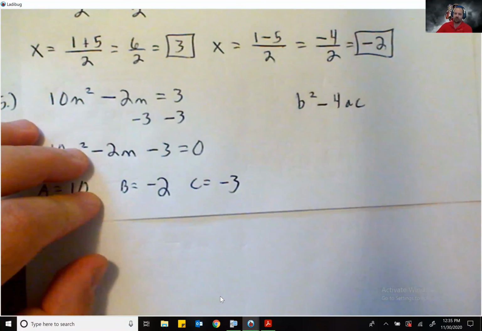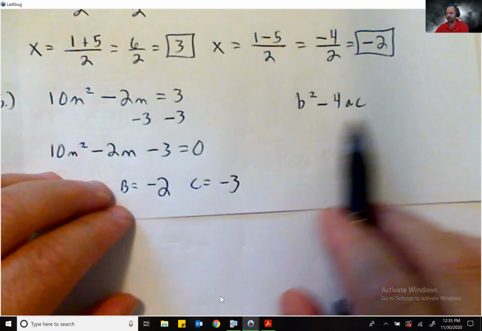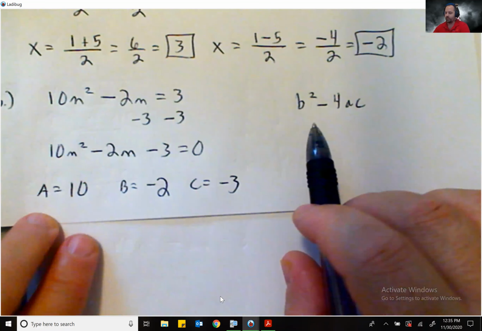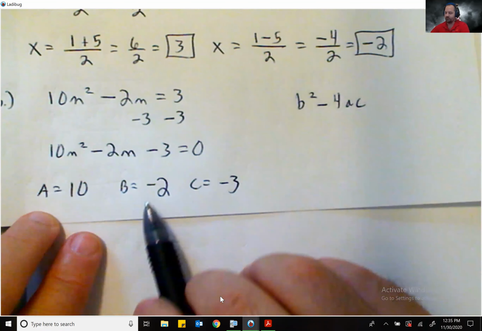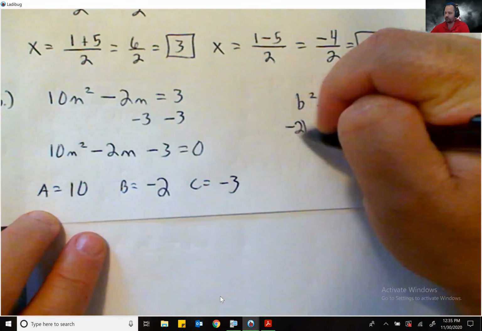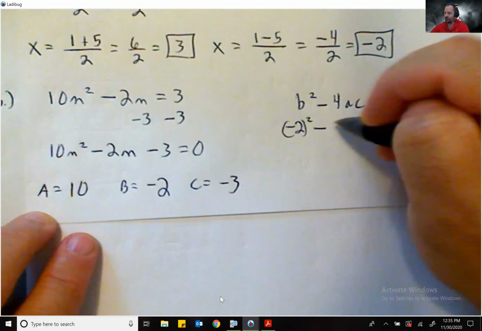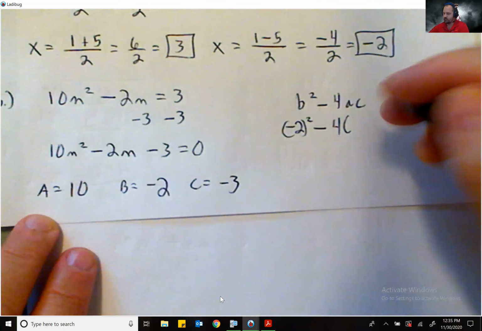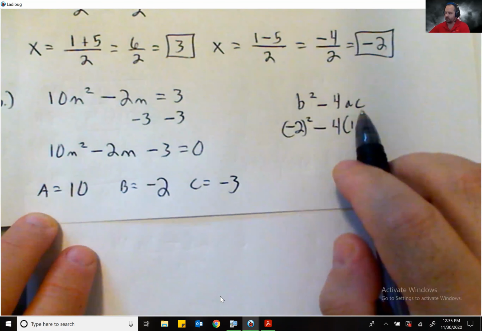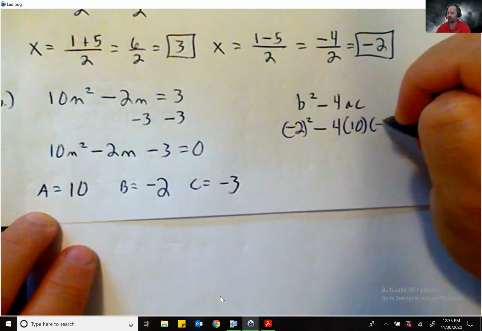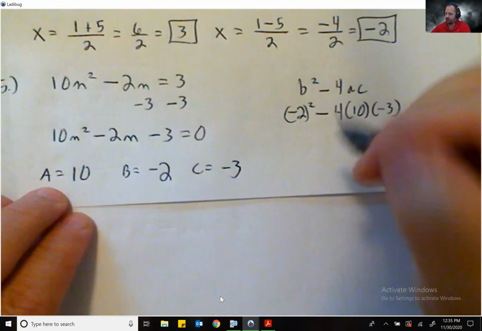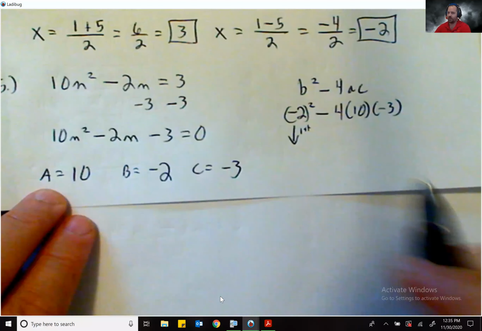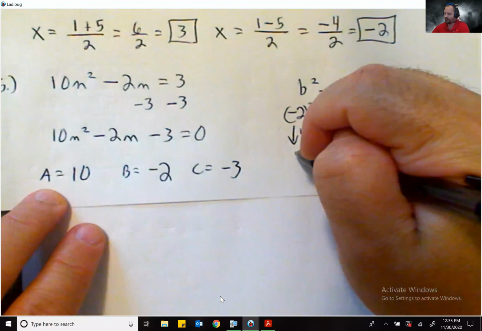Okay, so I find the discriminant first, which is the part under the radical, the b squared minus 4ac, because if something goes wrong, it generally happens here. So we're going to plug in. Our b is -2, minus 4 times our a, which is 10, times our c, which is -3. The first thing I deal with is the squaring. So -2 squared is 4.